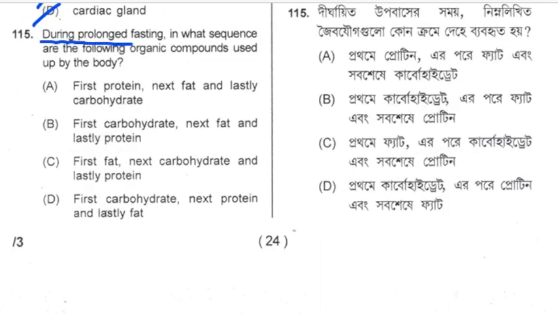During prolonged fasting, in what sequence are the following organic compounds used up in the body? First protein, next fat, lastly carbohydrate; or first carbohydrate, next fat, then protein; or first fat, next carbohydrate, lastly protein; or option D, first carbohydrate, next protein, then lastly fat.